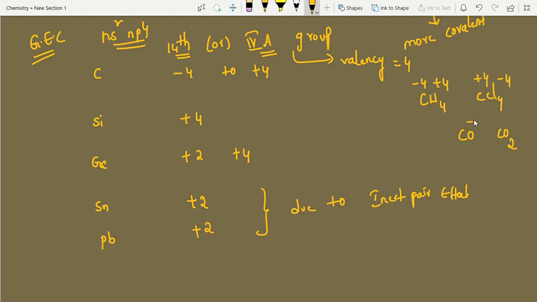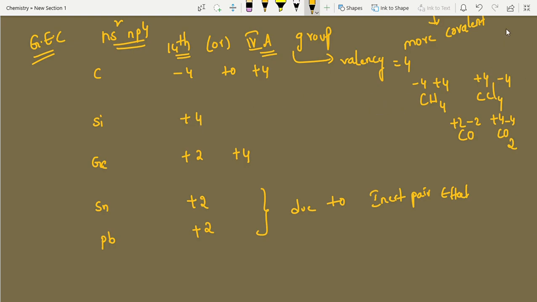This is -2, +2. This is -4, +4. It depends on the combining capacity of an element. Carbon can show -4 to +4 oxidation states. Clear? And silicon shows +2 also, depending on cases. +4 is the highest oxidation state.